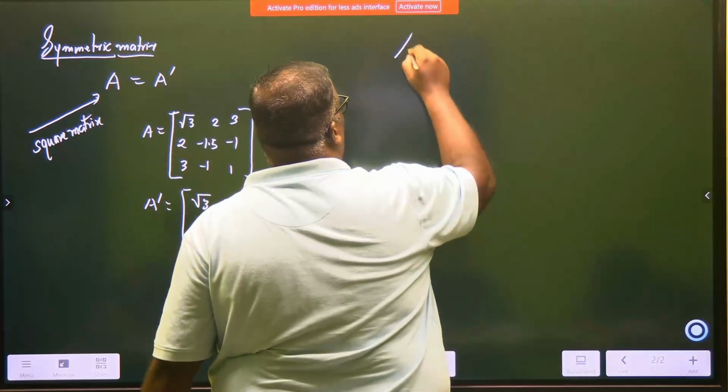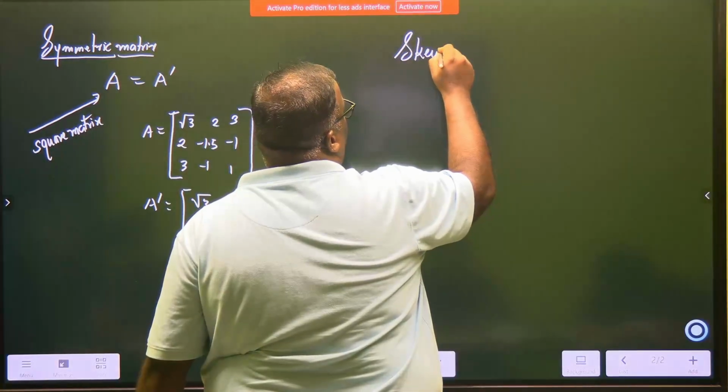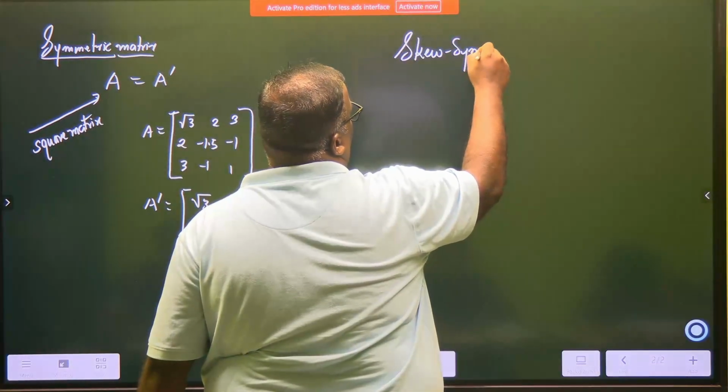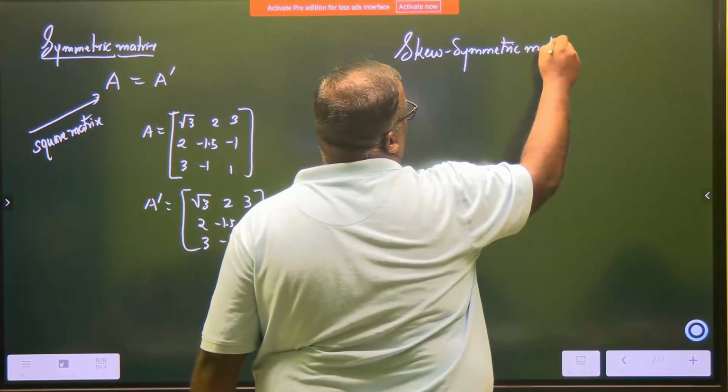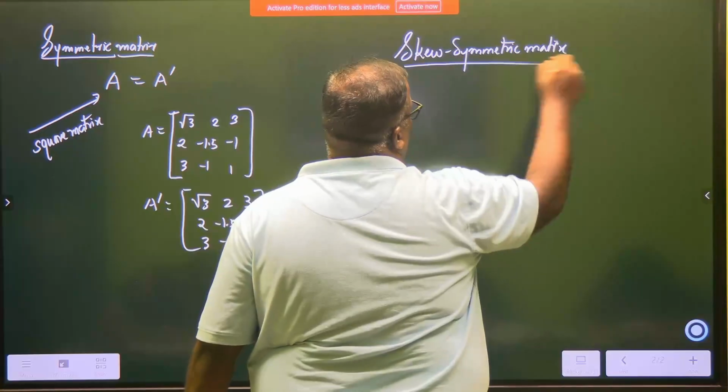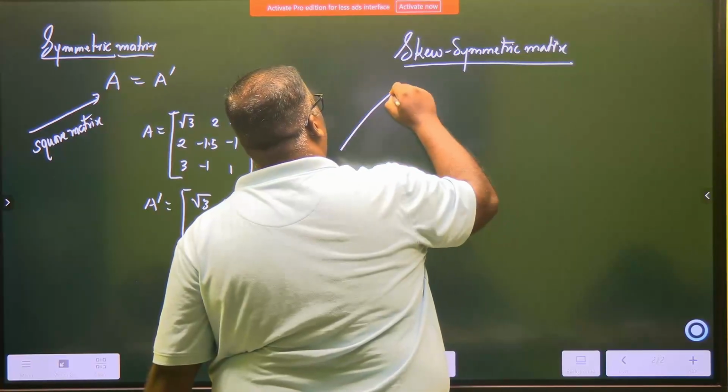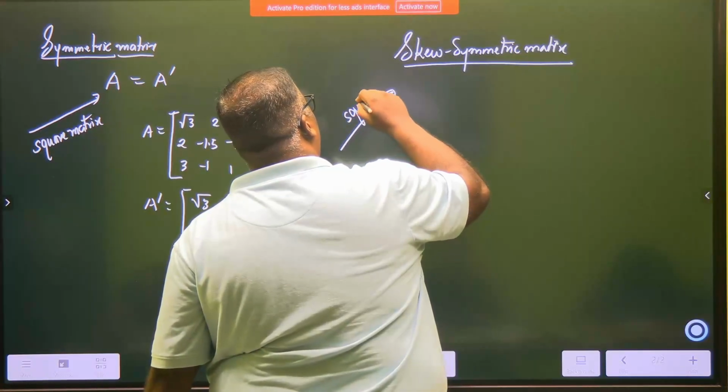The next one that we learn is known as skew symmetric. Skew symmetric matrix. Again, for skew symmetric matrix also you should have a square matrix.